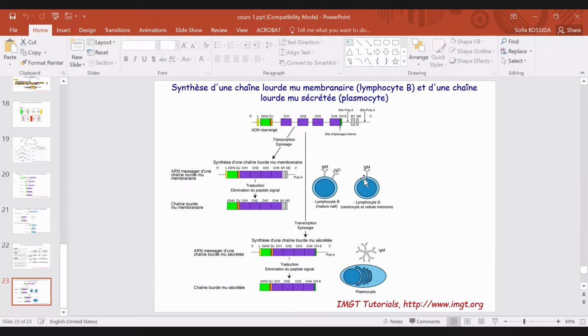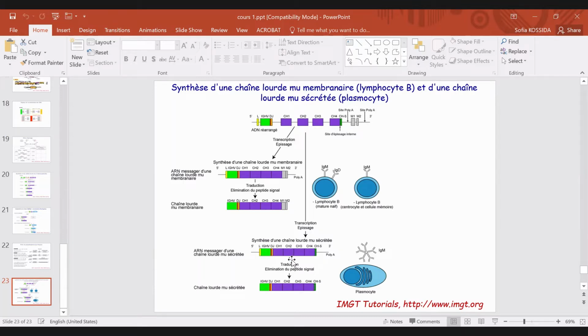You see it here. Now, if we take this arrow vertically, this time we'll go all the way up to here, to the internal splicing site. And as you see here, we'll have the 4 constant regions. We'll have the CHS, the secreted part, and we'll have the first polyadenylation signal, this one.